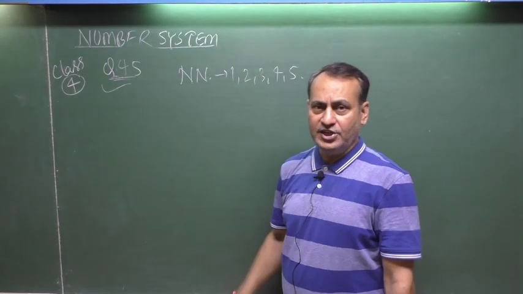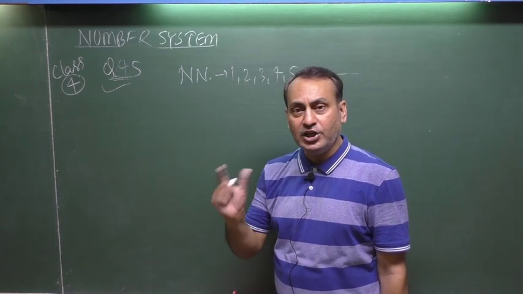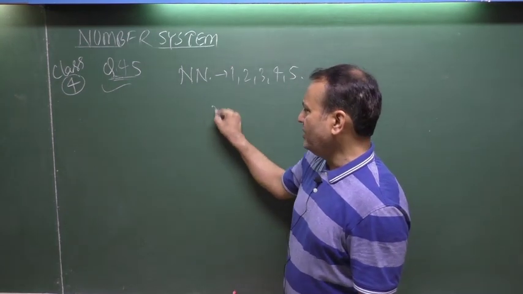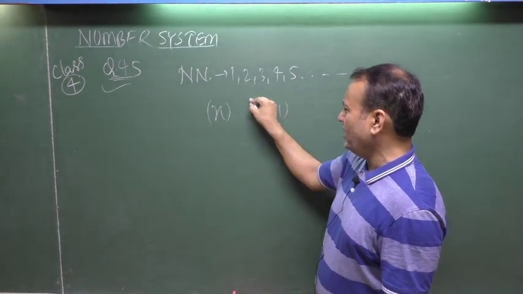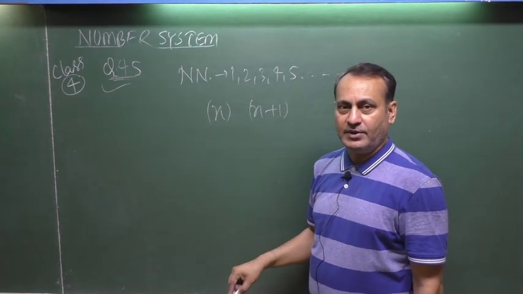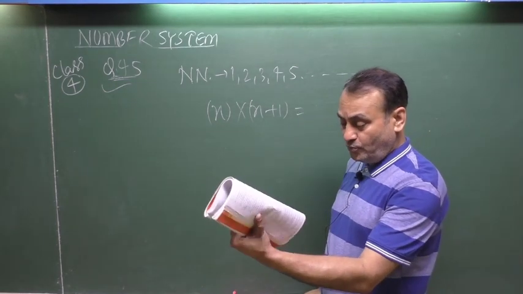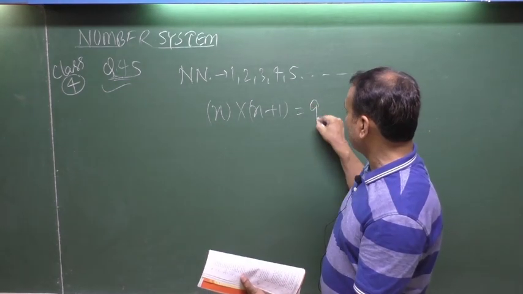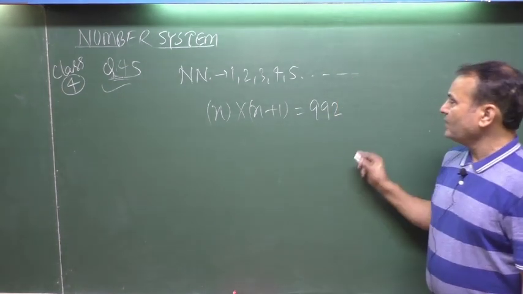The question says you have to pick up 2 consecutive natural numbers. That means if you suppose the first is x, the other will be x plus 1. The question says the product of these 2 consecutive numbers is 992. What is the smaller number?